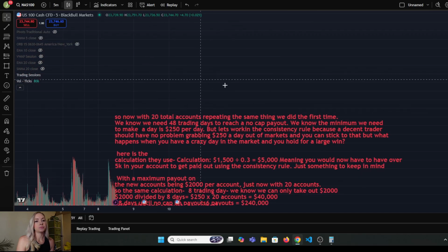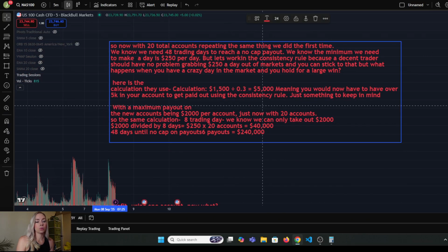Okay, so now that we have the total of 20 accounts, we're going to talk a little bit about this consistency rule and when I think this comes into play for me personally. I would stick to the $250 a day cap for my 6 payouts, because when you get into the consistency rule, it can get really tricky really quick.